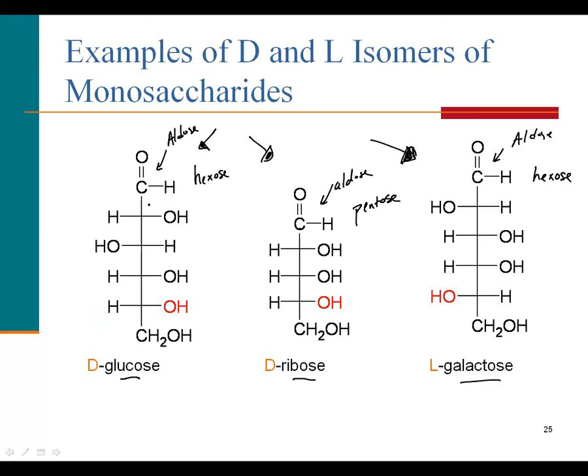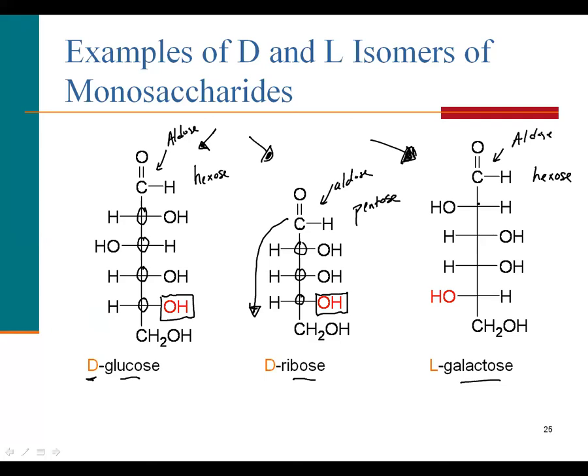Now, again, for chiral carbons, I'm just going to put a circle. This is a chiral carbon, this is a chiral carbon, that's a chiral carbon, and that's a chiral carbon. Again, last chiral carbon, OH group on the right. This is what is known as D-glucose. And this guy here, that is chiral, that is chiral, that is chiral. Again, last chiral carbon, OH group on the right, furthest away from the carbon-oxygen double bond.